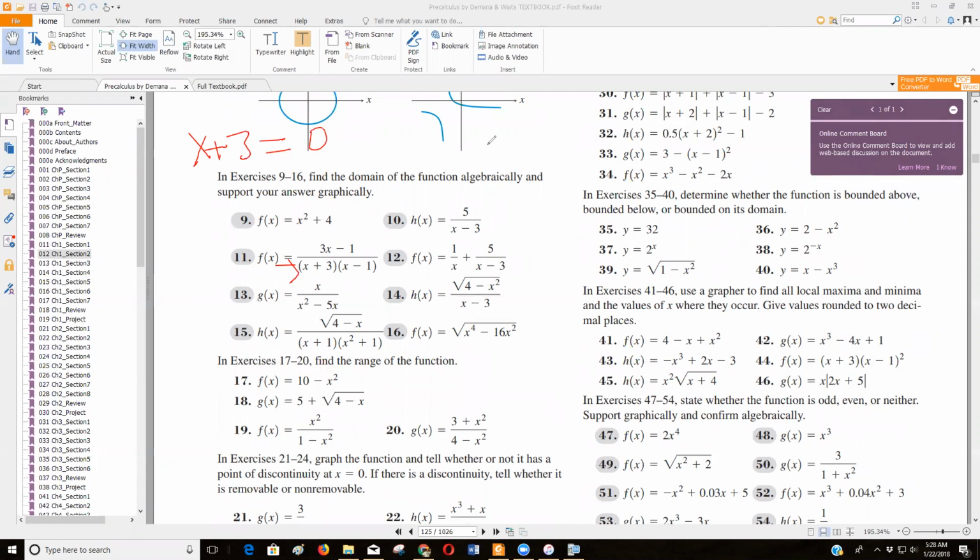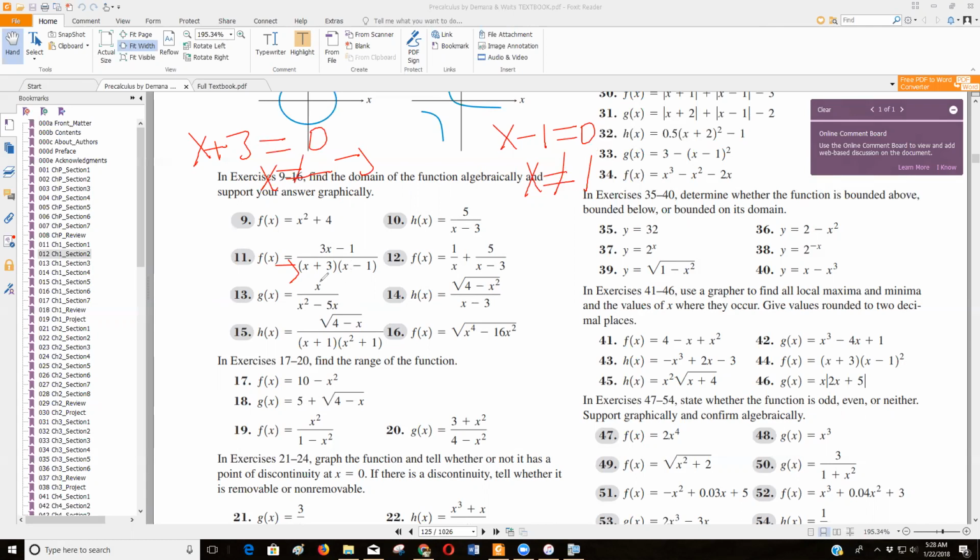I'm going to solve it for that. And I know that x minus 1 also can't equal 0. So I want to find out where they are 0, and then that'll exclude that number from the domain. If I subtract 3 from both sides, I know x equals -3. And same deal here, x equals +1. So those numbers are not in the domain of this function.